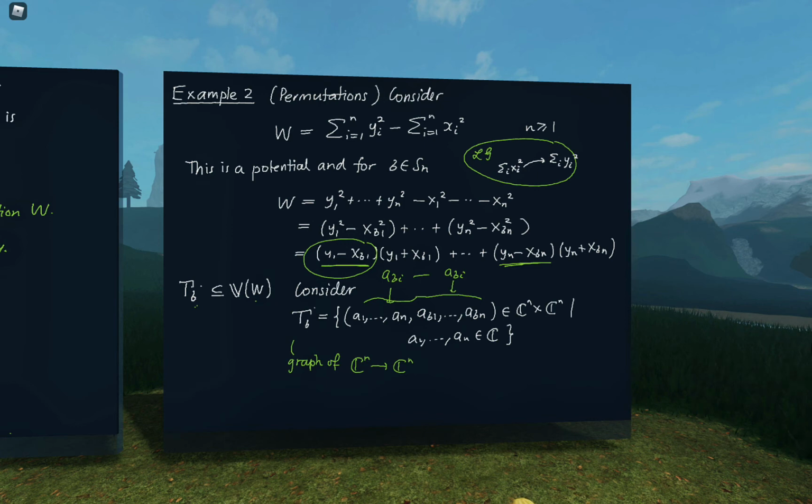Okay. It's closed because notice that it is exactly the vanishing locus of those polynomials, right? And as the vanishing locus of polynomials, it is closed in the Zariski topology. So this gives me my example of one-morphisms from this sum of squares to itself, essentially, right?